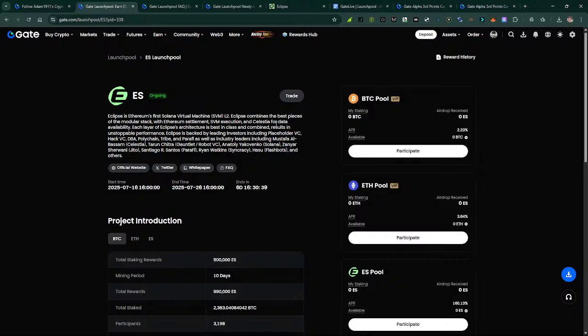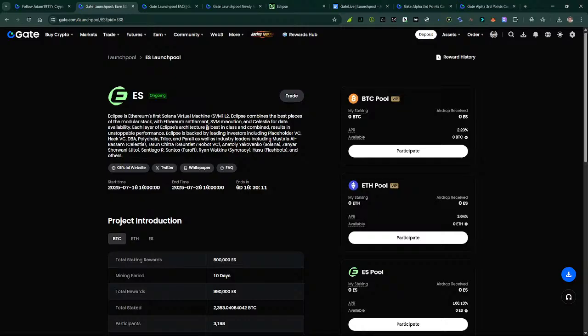Then Eclipse combines the best pieces of the modular stack with Ethereum settlement, SVM execution, and Celestia for data availability. Okay, you can clearly see there is a strong base, which actually differentiates this project from others.